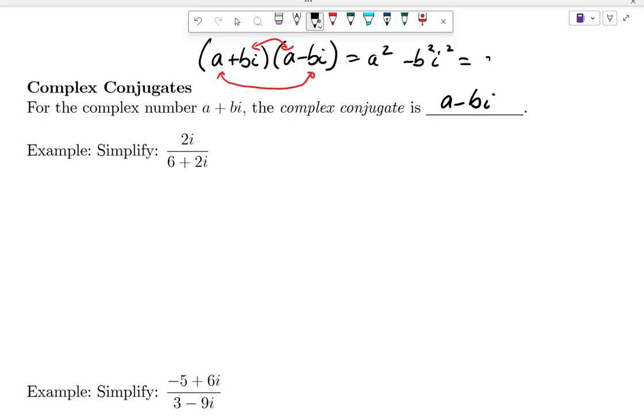Negative 1. So that turns into a squared plus b squared. No i's in it, right? That's what multiplying by the complex conjugate allows you to do, it gets rid of the i. Okay? So that's how we do complex number division.